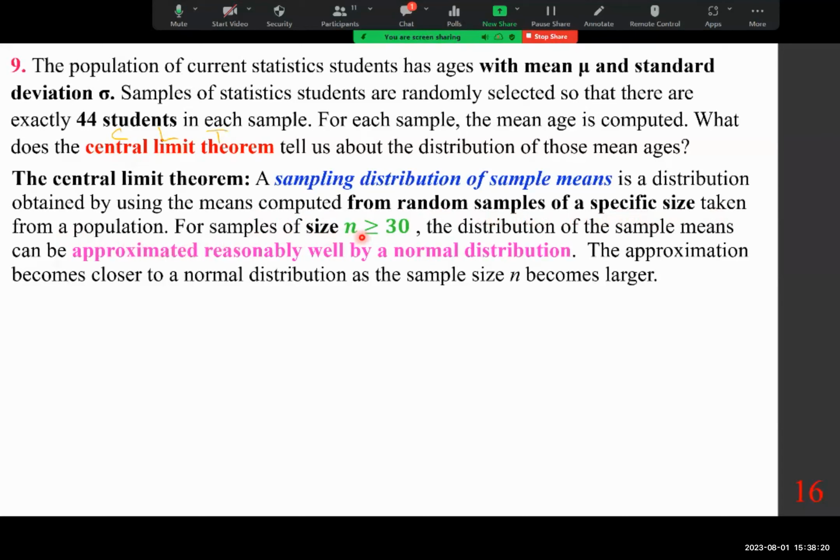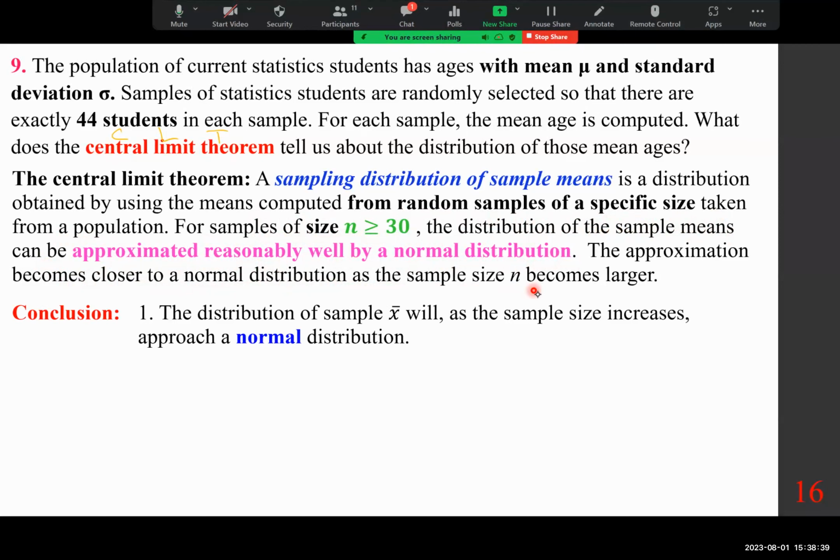For samples of size n larger than or equal to 30, the distribution of the sample means can be approximated reasonably well by a normal distribution. The approximation becomes closer to a normal distribution as the sample size n becomes larger.